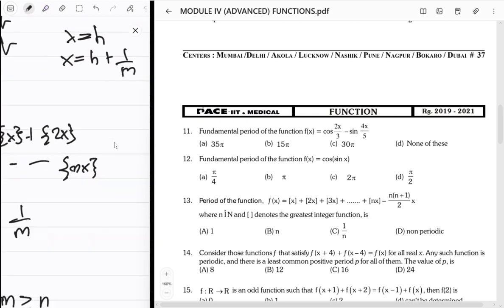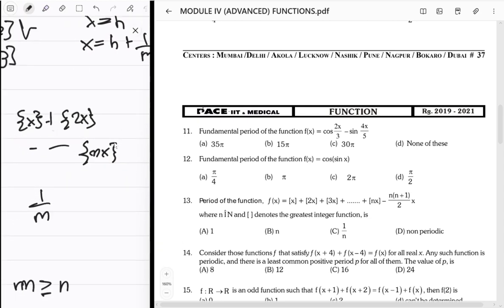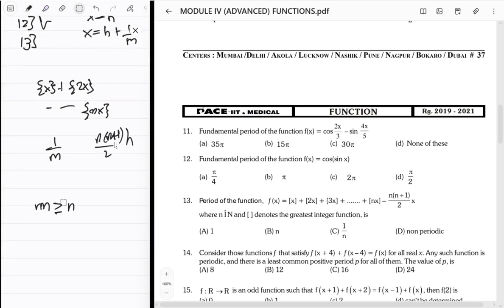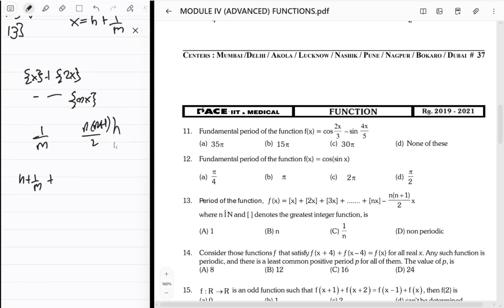x equal to h is just going to be h plus 2h plus nh, basically, which is n times (n plus 1) upon 2 times h. And at x is equal to h plus 1 upon m, what do you get? First you got h plus 1 upon m. Remember h is a very small quantity, so only till (m minus 1) upon m are you actually going to get things that are the same as that.